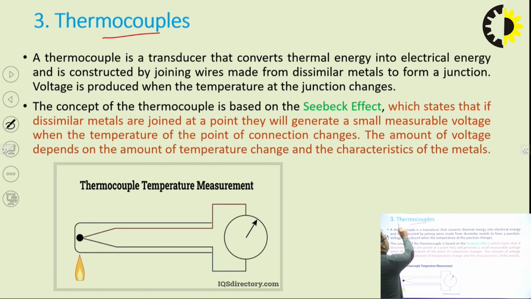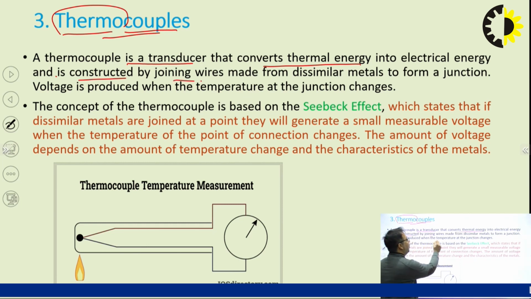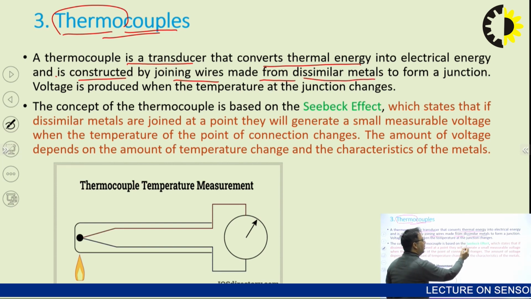Thermocouple, as its name suggests, is something coupled, connected to each other by some thermal connection. A thermocouple is a transducer that converts thermal energy into electrical energy, and it is constructed by joining wires made from two dissimilar metals, which form a junction.